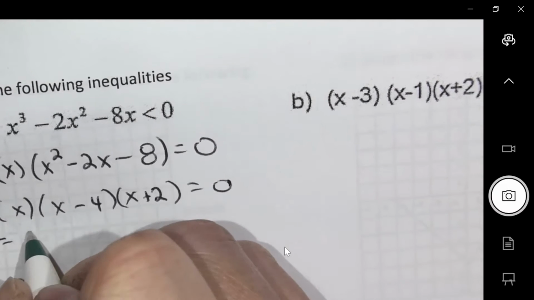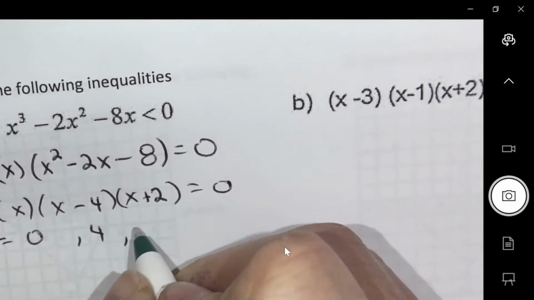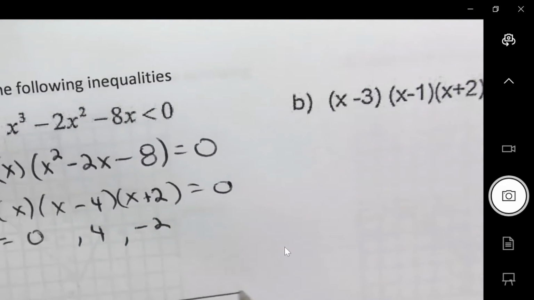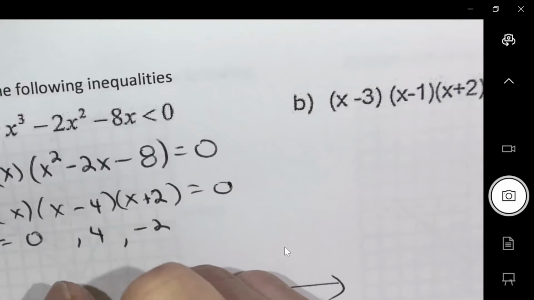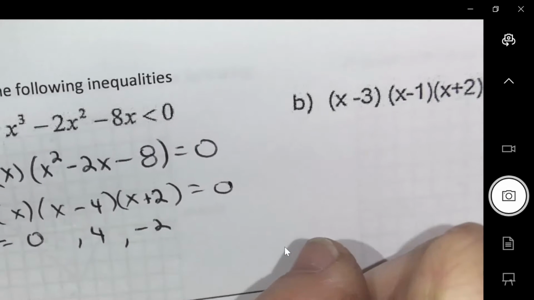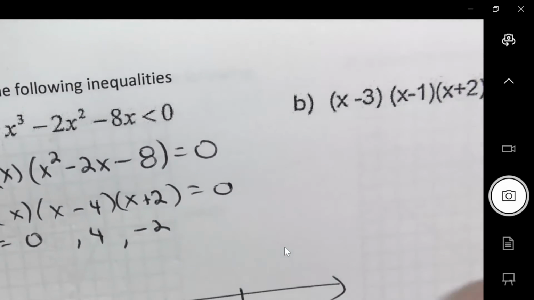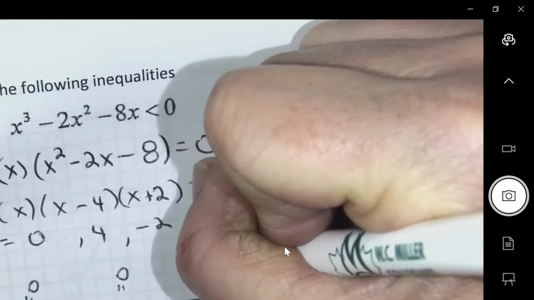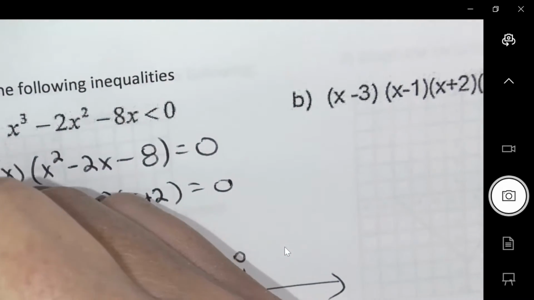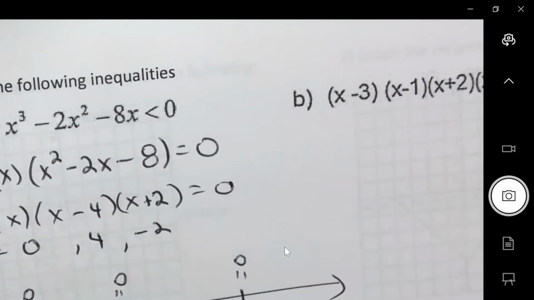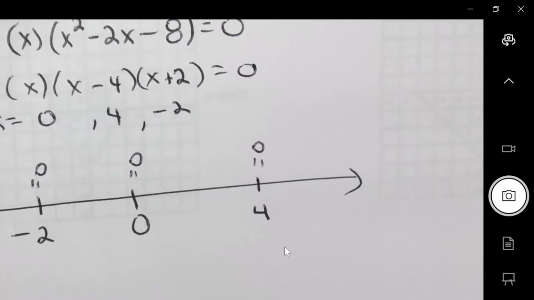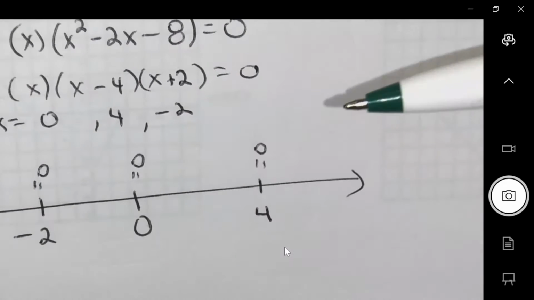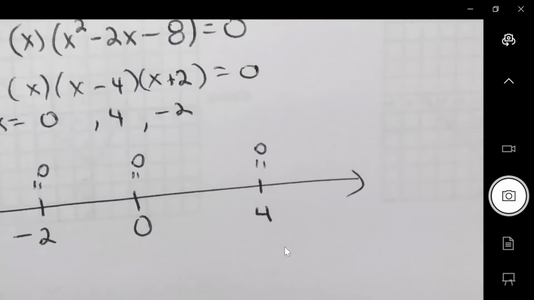So x is 0, 4, negative 2. So on a number line, on those x values, the y is exactly 0.